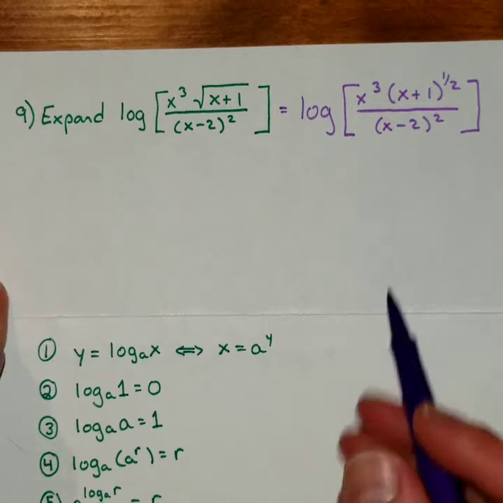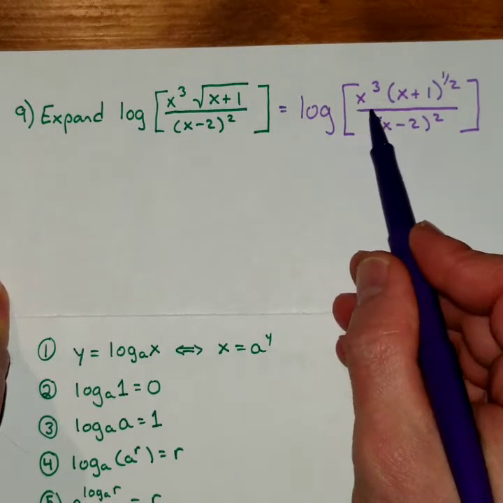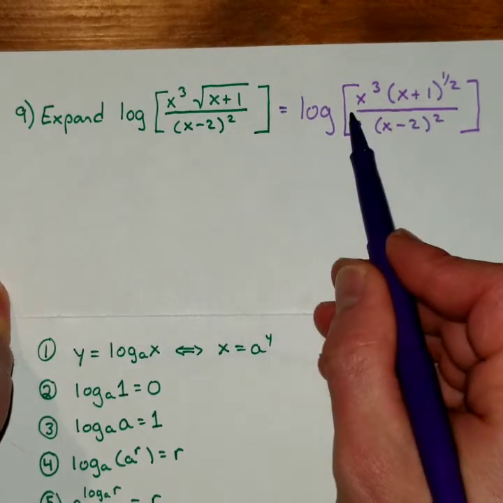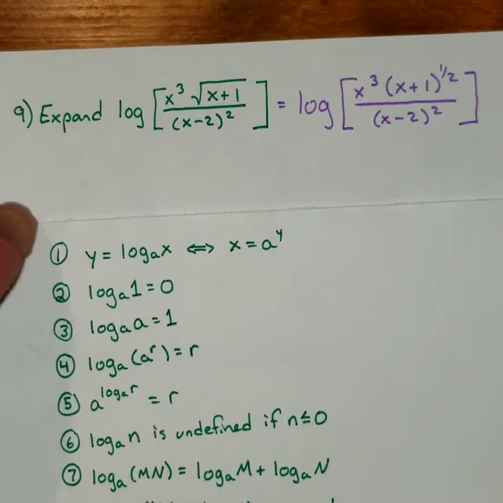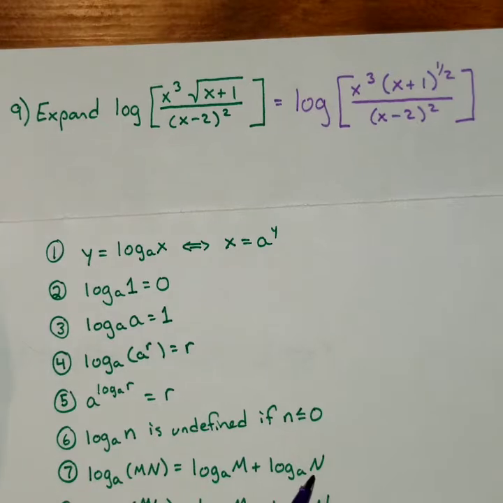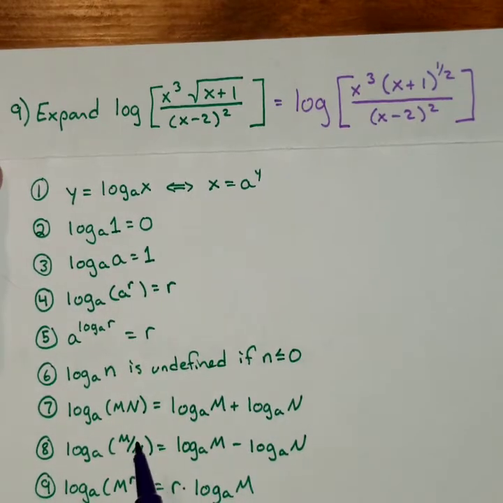Okay, so now that I have a 1/2 power, I know that my fraction bar separates a top and a bottom, just like property number 8 has a fraction bar. And what goes on top would come in the first log, what goes on the bottom comes in the second log with a subtraction in between.